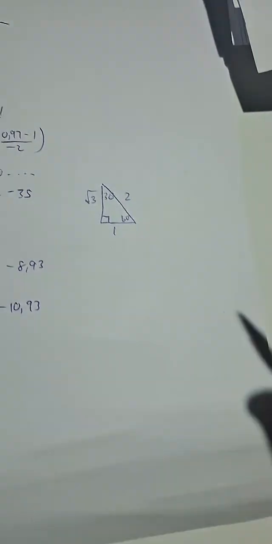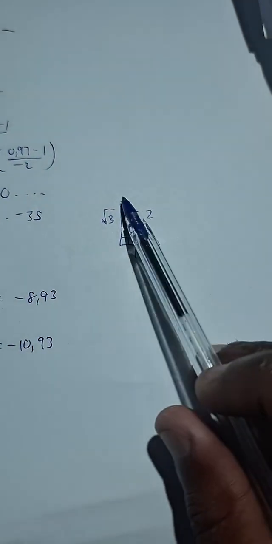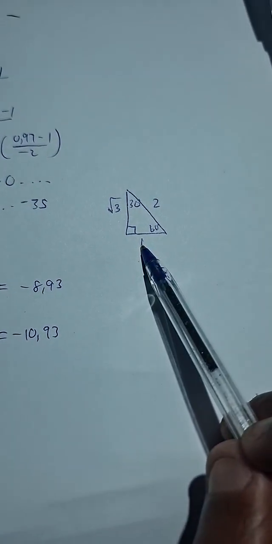I think that's one thing I forgot or omitted to talk about. The 2, the 60, the 30, the 1, the root 3. That's the right angle triangle for the special angles 30 and 60.